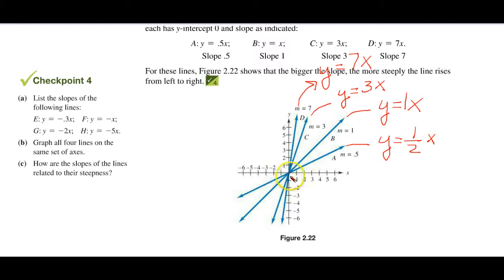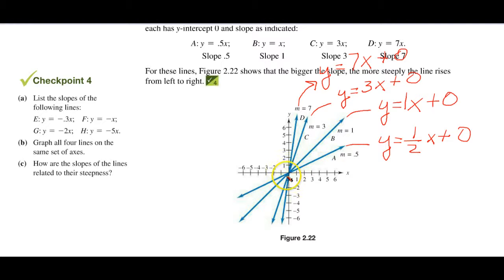So which line has the greatest slope? Again, the steeper the line, the greater the slope. And these are all positive slope. As you start from the left and go to the right, the lines go up. Okay, all of these have a y-intercept of 0 that we don't write.